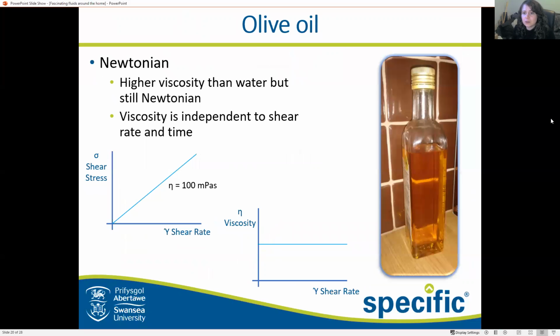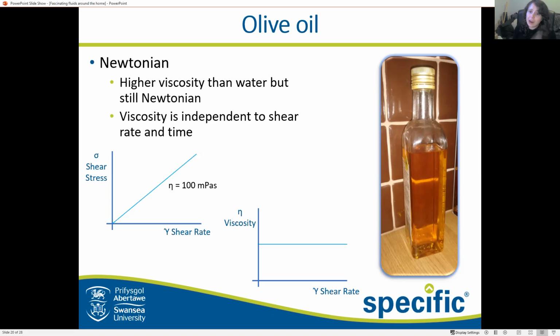But where would I be if I missed out the Newtonians? Although it is substantially thicker and more viscous than water, olive oil, in fact all vegetable oils, are Newtonian, which means that according to the shear stress you're applying, you will have a linear shear rate reaction.